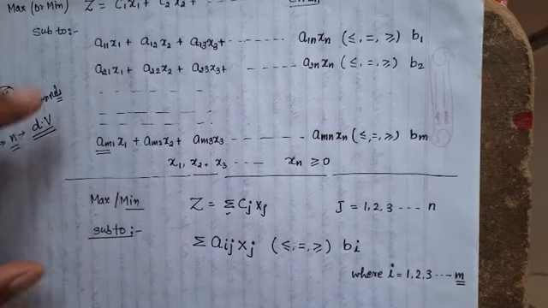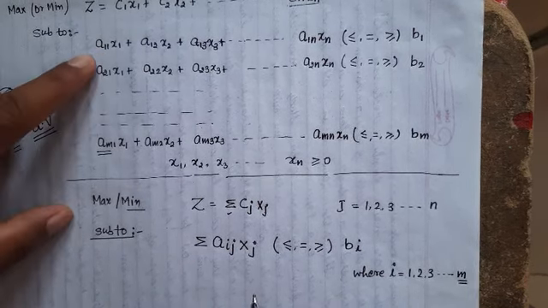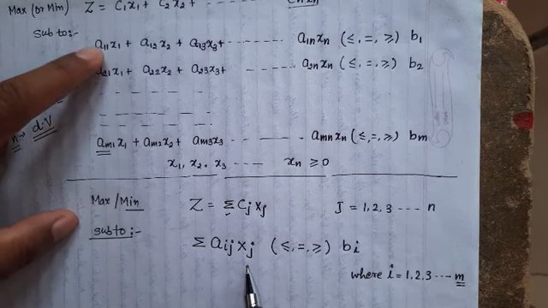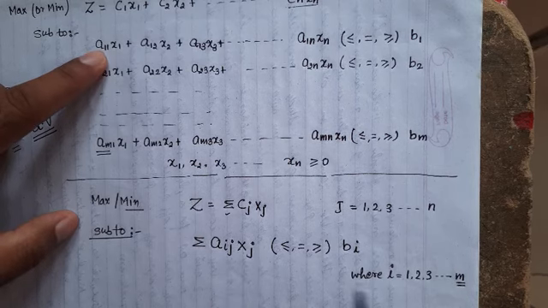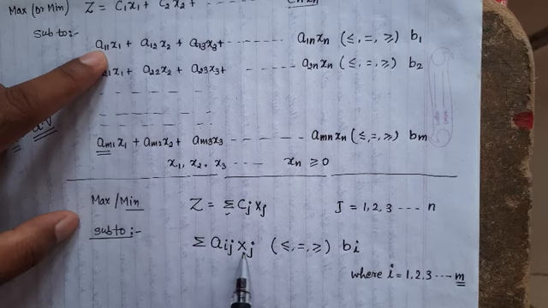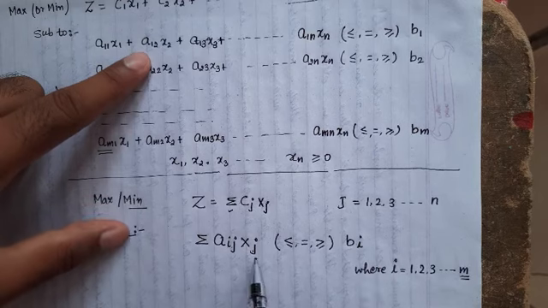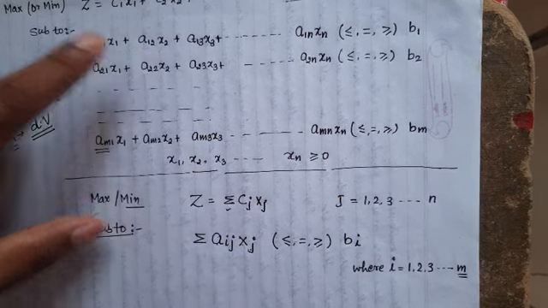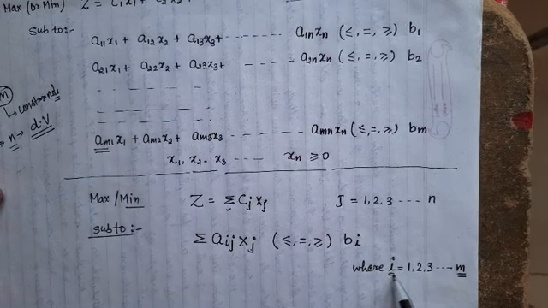Now place the first constraint: j will be 1 and i will be 1. So this will be a11 x1. For the second term j will be 2, so a12 x2, a13 x3.